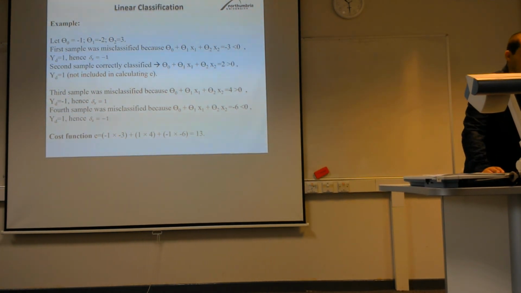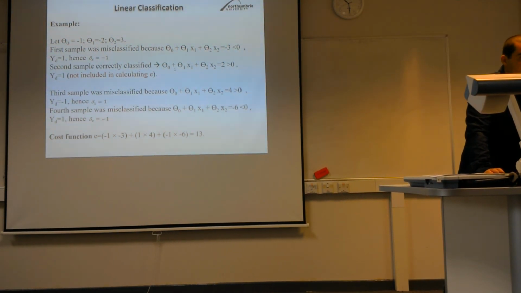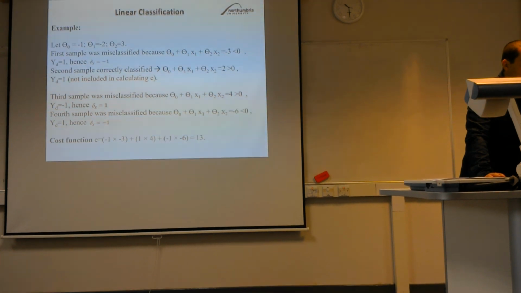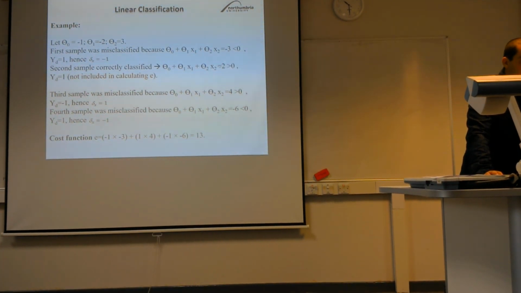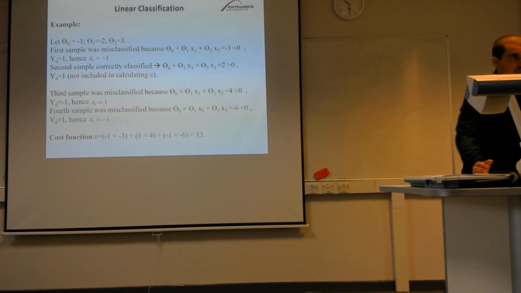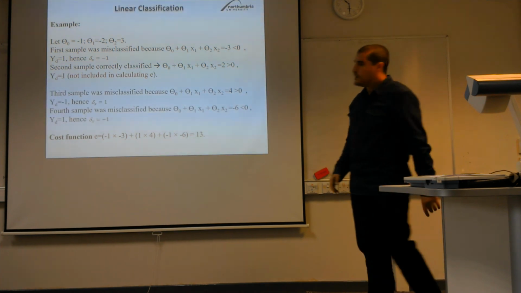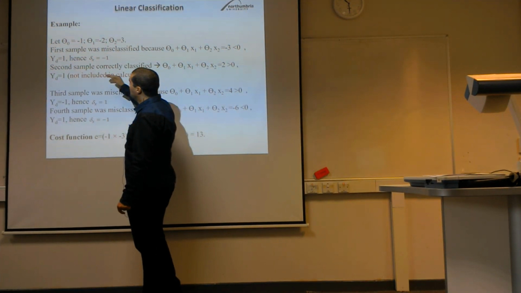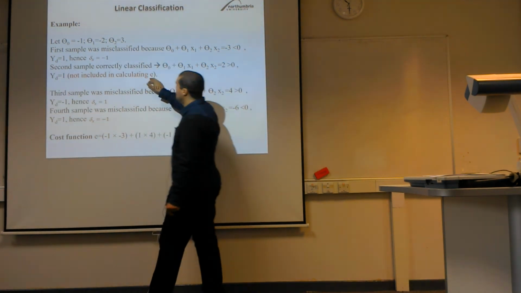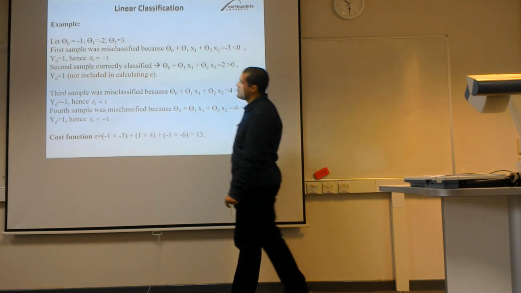The second sample is correctly classified. If we use these parameters, and the second sample is 0, 1, we'll get 2, and the target output is 1. Because this sample is correctly classified, it will not be included in calculating the classification error.